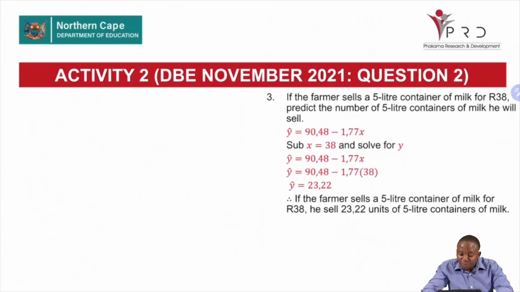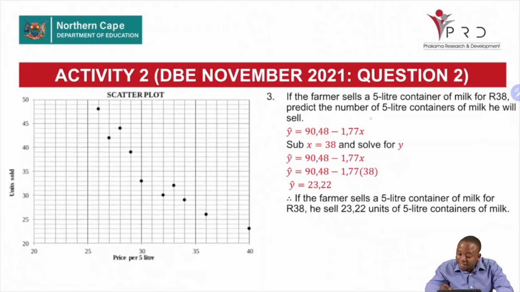Now, if the farm stall sells a 5-liter container of milk for 38 rands, predict the number of 5-liter containers he will be able to sell. What do you do? Check: is the price on the X or on the Y? Our price is on the X axis.